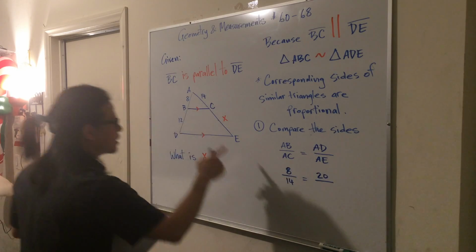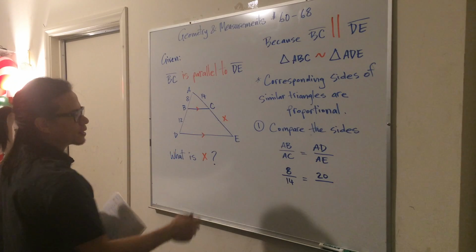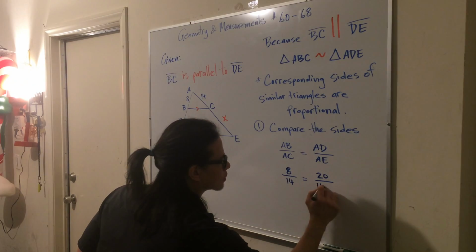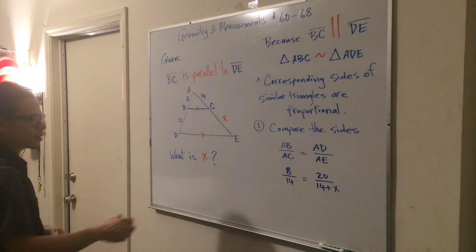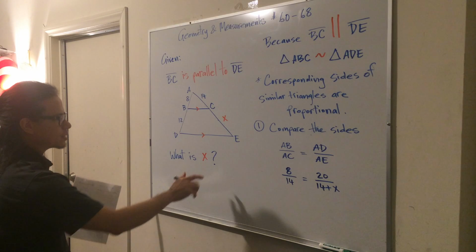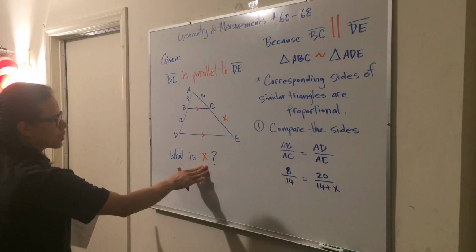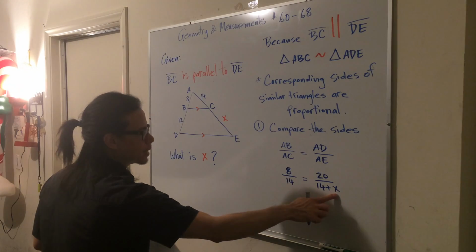AE, A to E here, is 14 plus X. Now, staying focused that our goal is to find out what X is, there is X right there.